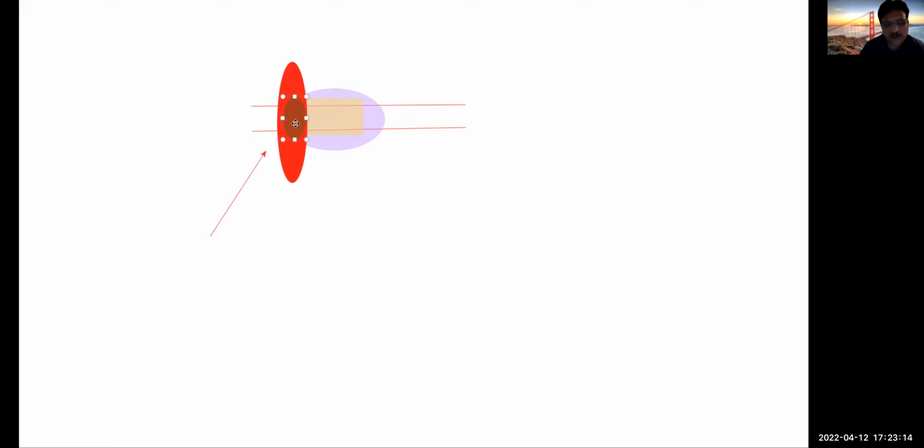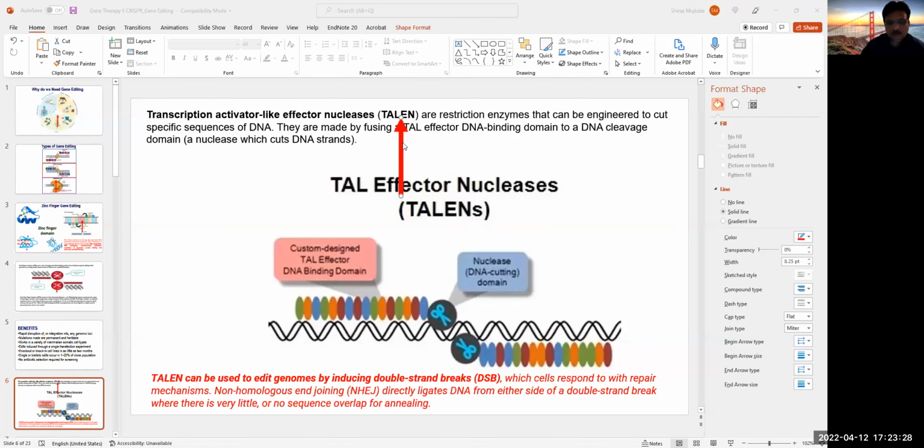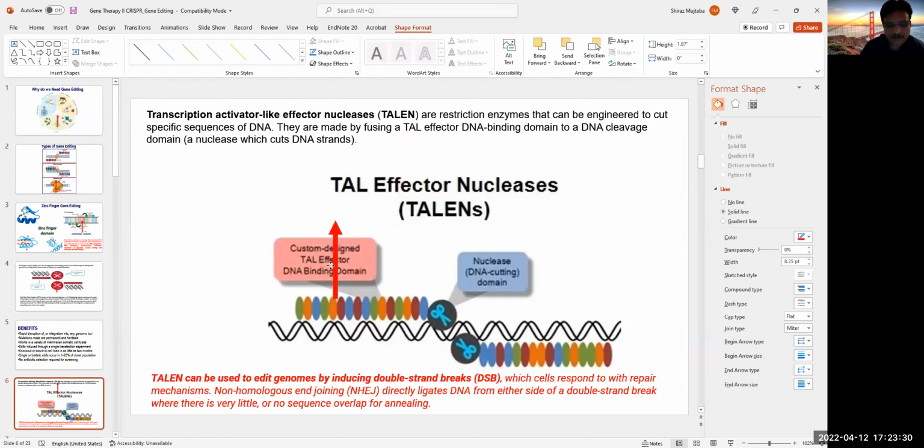Meaning this protein can bind to DNA through one of its portions. So coming back to TALEN, these are custom-designed domains, and they attach to the nuclease. And this nuclease can cut the DNA at a specific site.